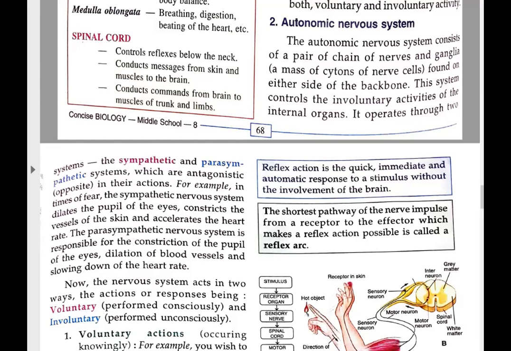Okay, they are usually present on either side of the backbone. Okay, so those are ganglia.